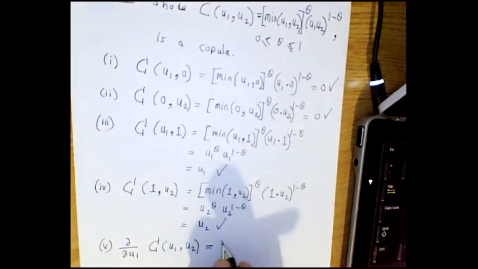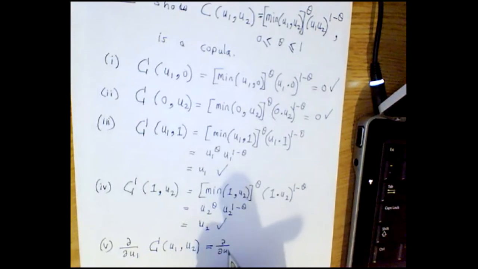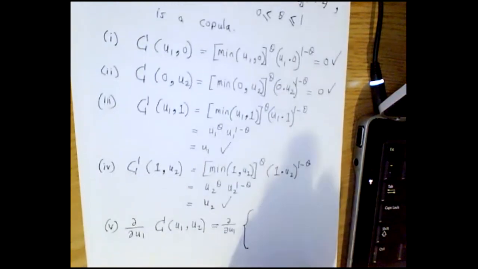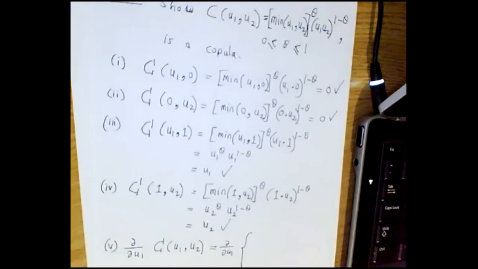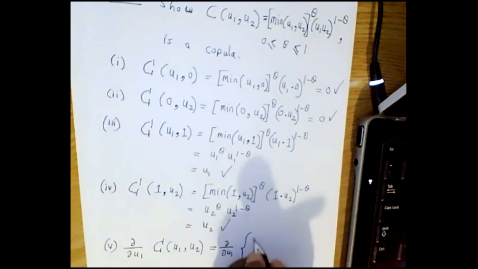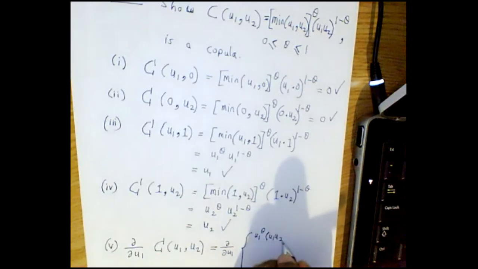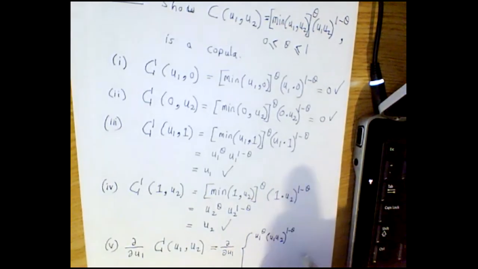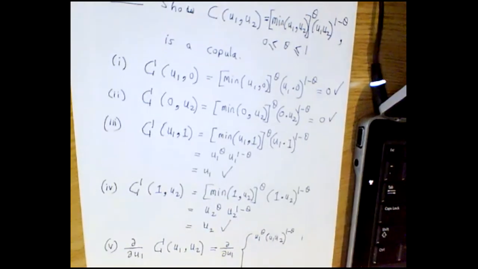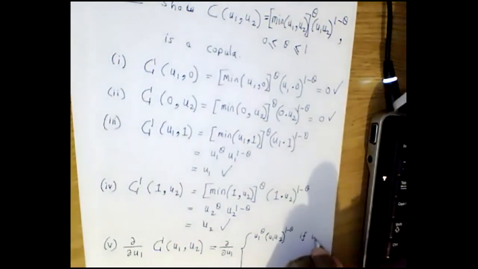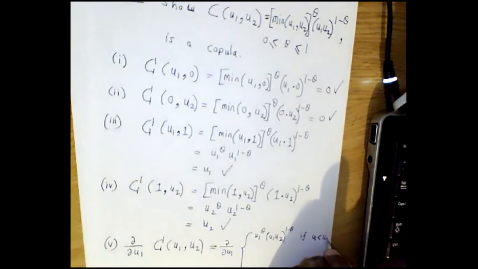So basically what you need to do is the following. You need to say like this, right? Now if u1 is the minimum, so if u1 is smaller than u2, then you have this if u1 is less than u2, right?